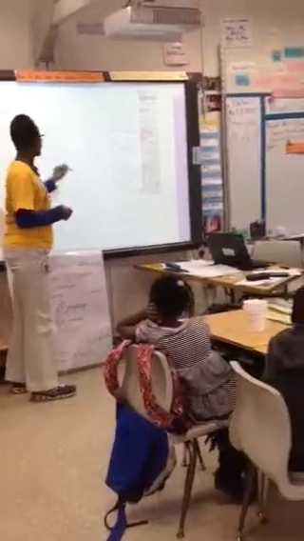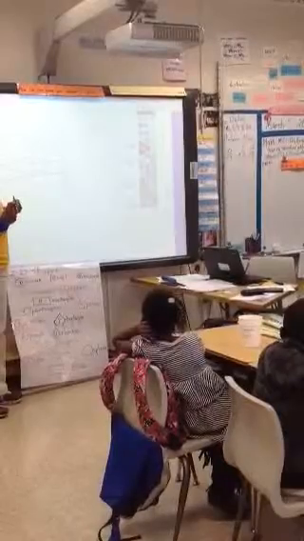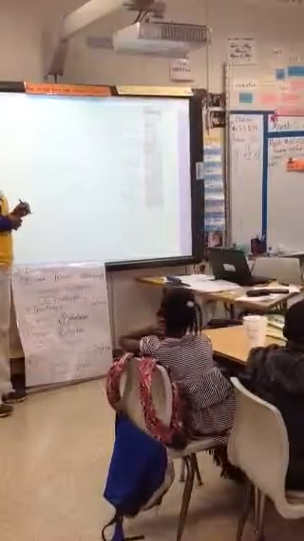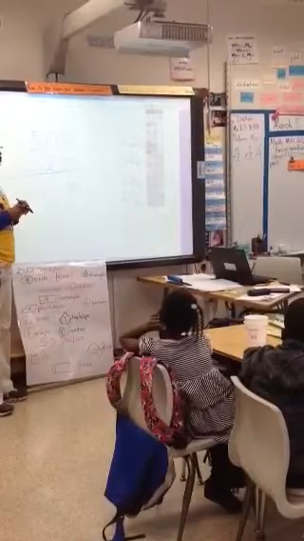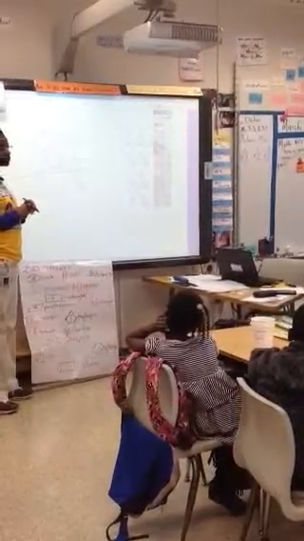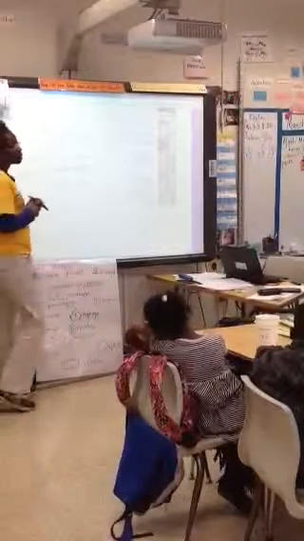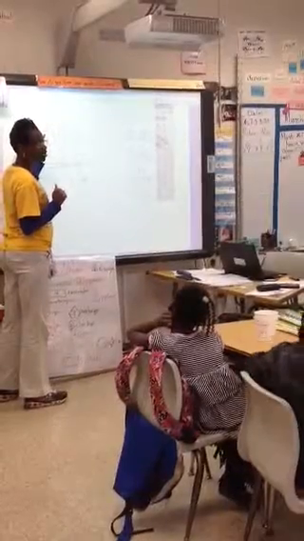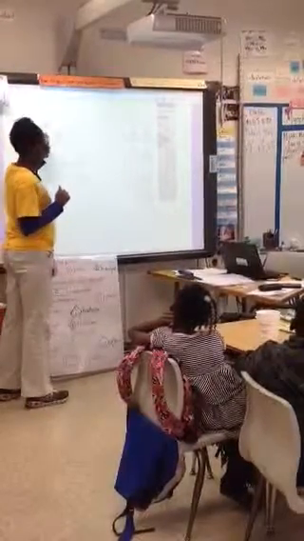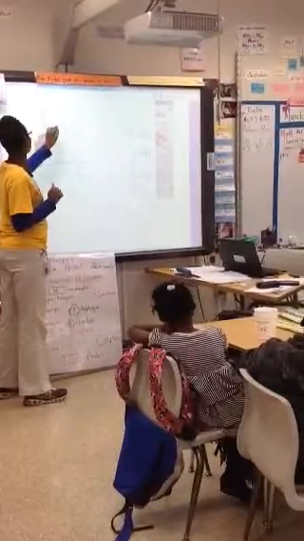What is it? 6. Okay. Now what are we doing? Go to our tens column and subtract 2 from 0. What does this become? 10.